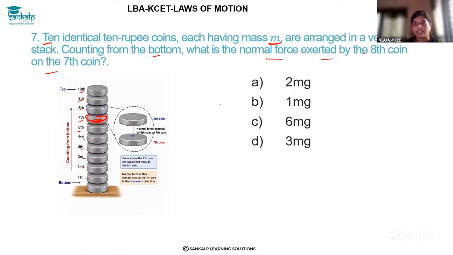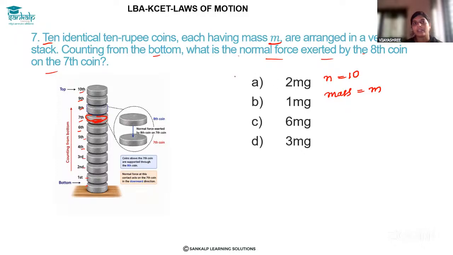Okay. So let us write the data first. Total number of identical coins, which will be 10. Mass of each coin, mass equal to m.